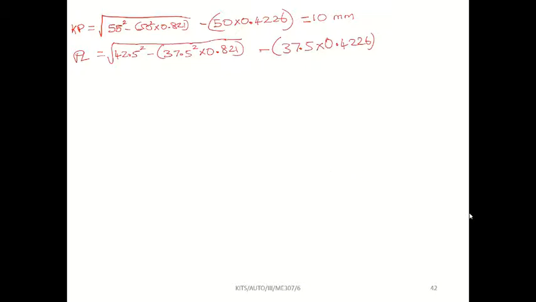Answer is 1154. So if we subtract RA square minus R square cos 20, what will we get?